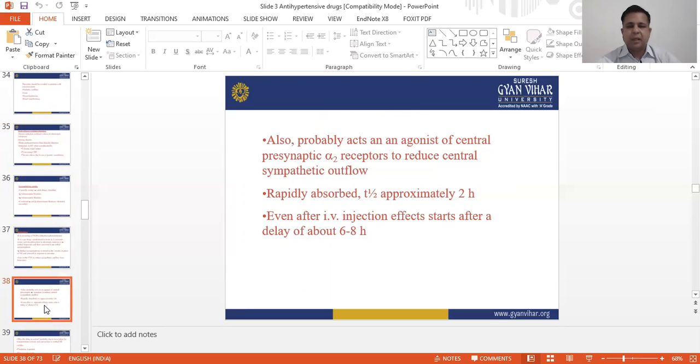It's rapidly absorbed, with a half-life of approximately 2 hours. Even after intravenous injection, effects start after a delay of 6 to 8 hours.